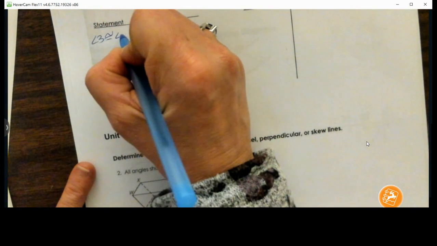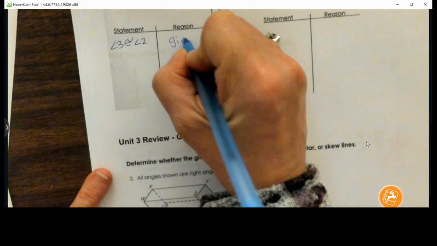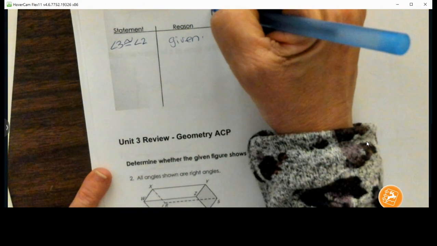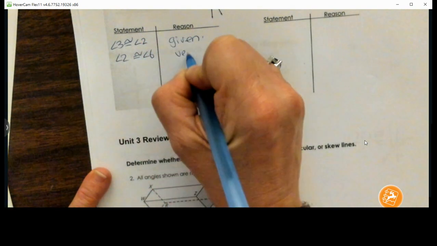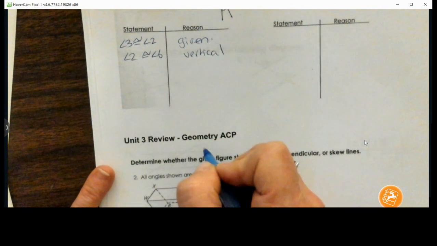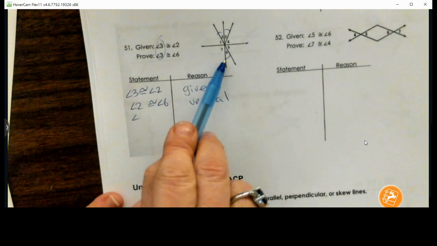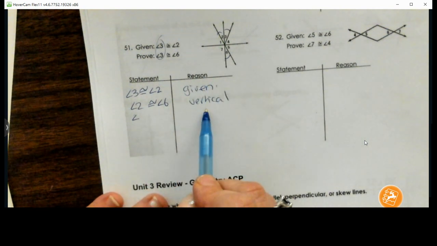Okay, our statement. Angle 3 is congruent to angle 2, given. And now we have a vertical angle. Angle 2 is congruent to angle 6 because they're vertical angles.